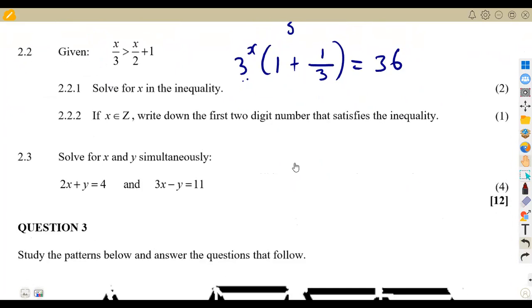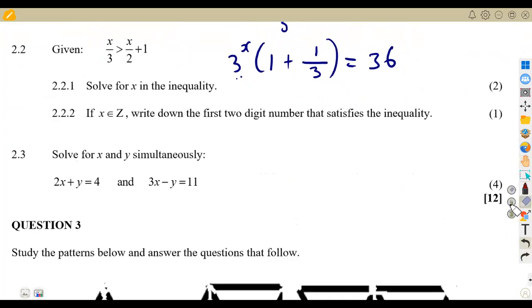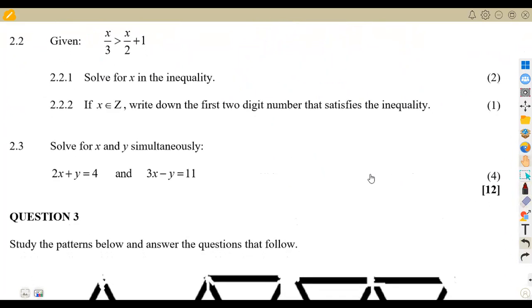Then on 2.12, given the inequality that we are given here, for x, as you can see, it's again a direct question, but you just need to be very careful with your simplification because we have got an inequality there. If you have got an inequality, do not worry, just take your values to one side. So you can take this to the other side here so that it becomes a negative.